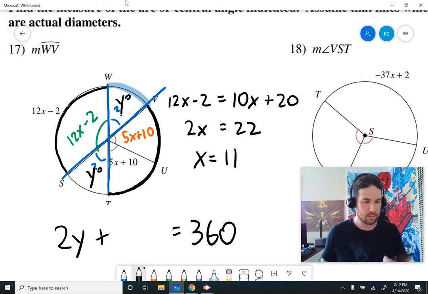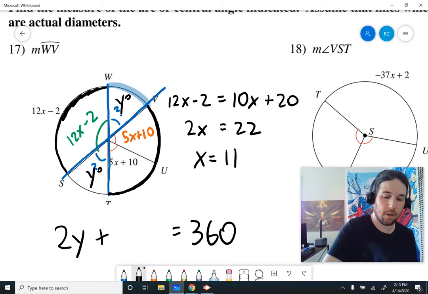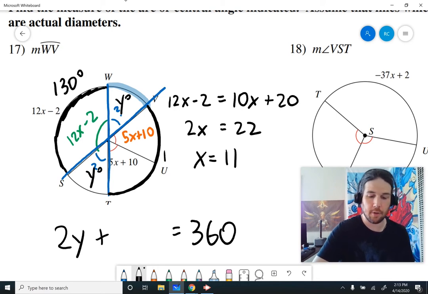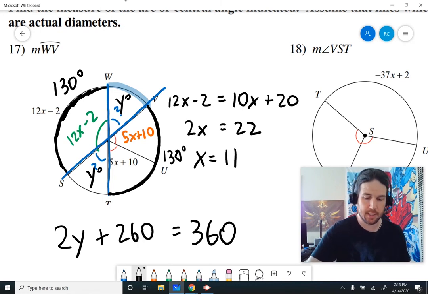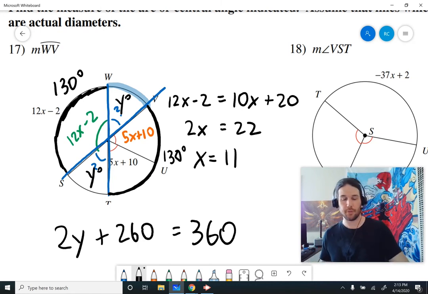So, hey Google, what is 12 times 11 minus 2? The answer is 130. So this arc here is 130 degrees, which means this other arc is also 130 degrees. Remember those vertical angles. So it's 2y plus 260 equals 360.